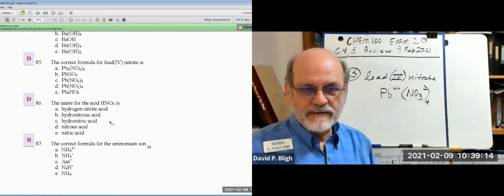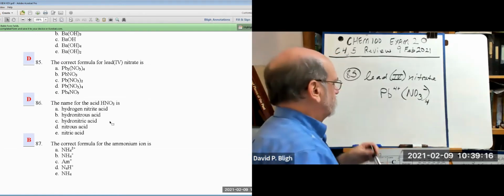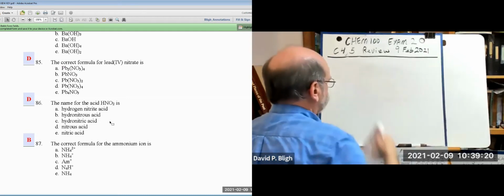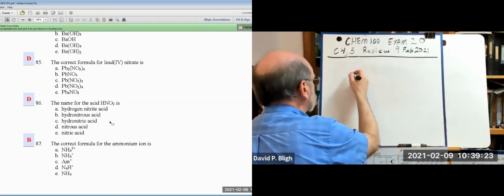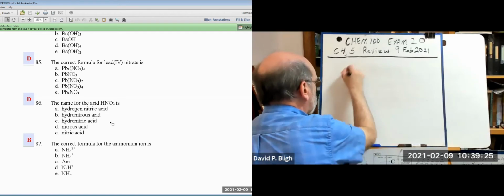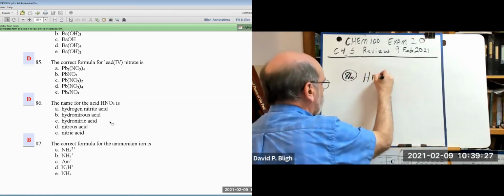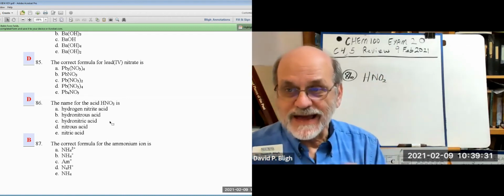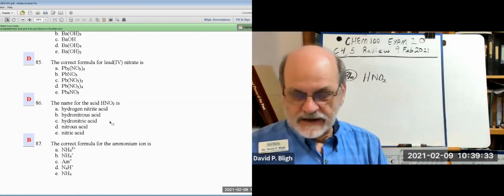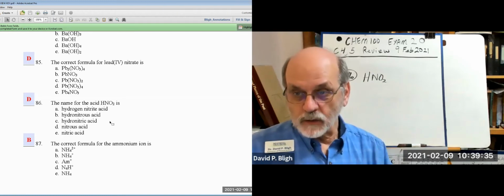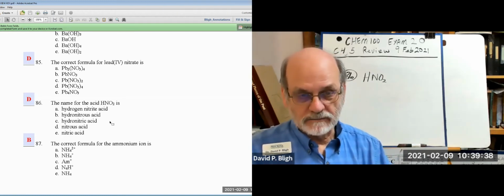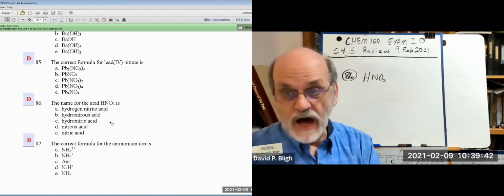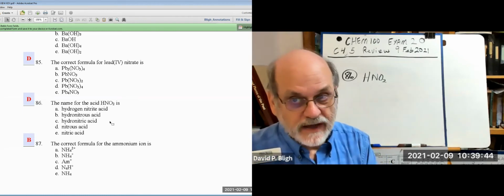86. The name for the acid HNO2. All right. It's telling you to name it as if it were an acid. That is, it doesn't say it, but you know that it's in aqueous solution. It's in water. HNO2 is derived. There's an oxygen there, so you don't say hydro.